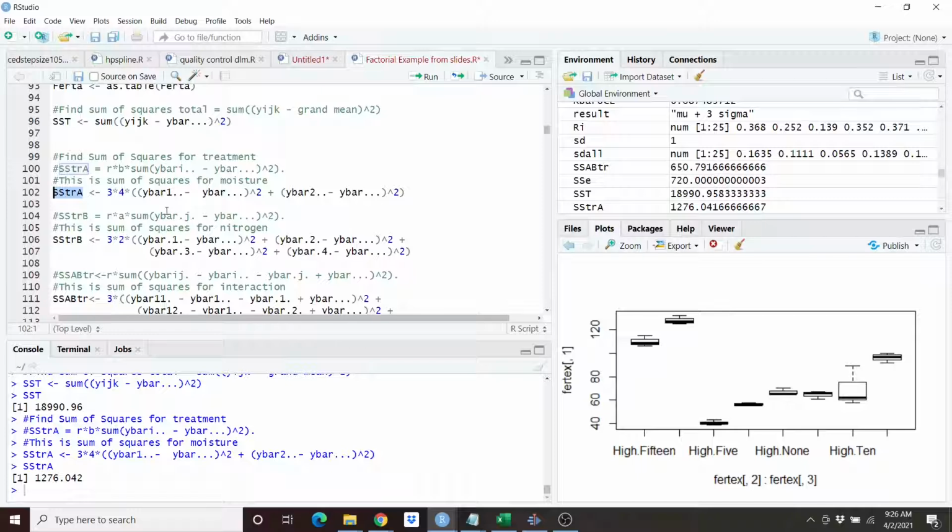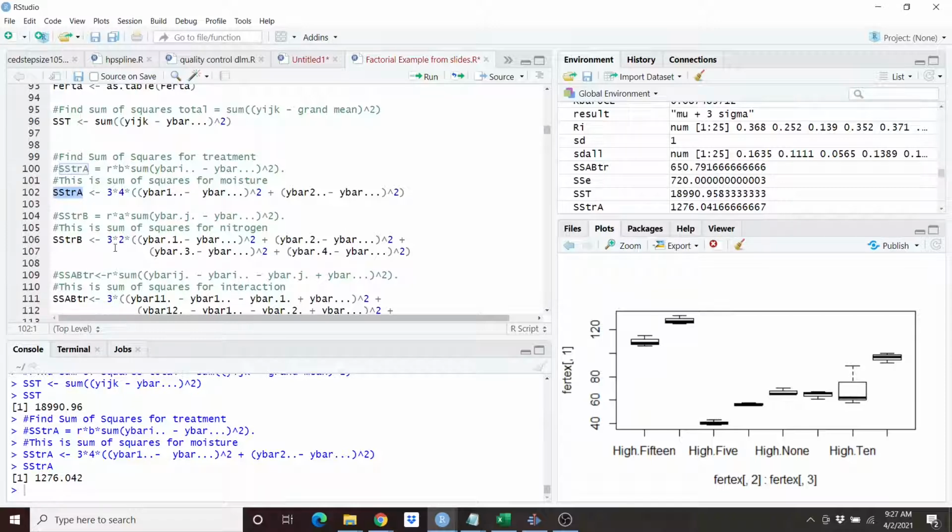For sum of squares treatment B, this is number of replications times the levels in A times the sum of the squared deviations of the marginal means in factor B minus the grand mean.